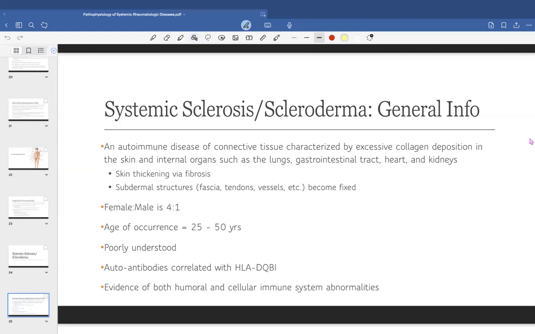The skin thickening is via fibrosis. But think about the other tissues, and when you have dense fibrous collagen that gets into your other organ systems, what's it going to do? How's it going to affect the lungs? Make them less compliant.